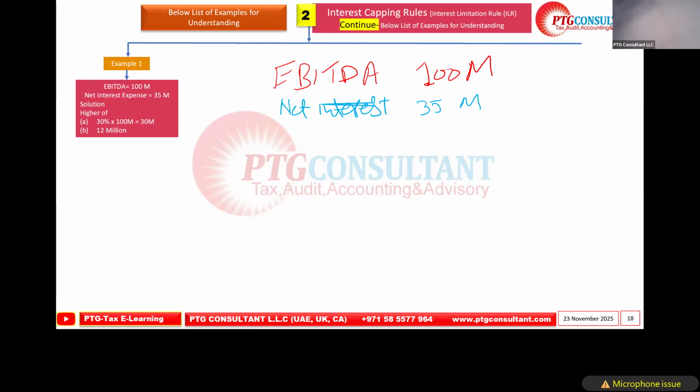So how do we calculate now? What do we have to calculate? The interest capping rule. How will we apply it? What is the rule? Higher of option A, 30% of EBITDA.